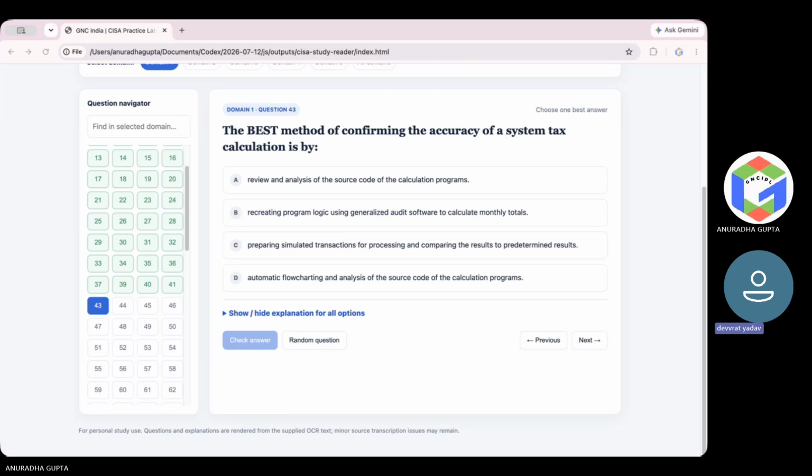Compare. I think we can consider B, the second one. B. Okay.